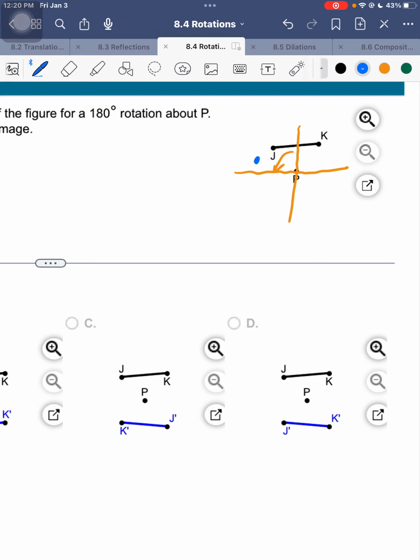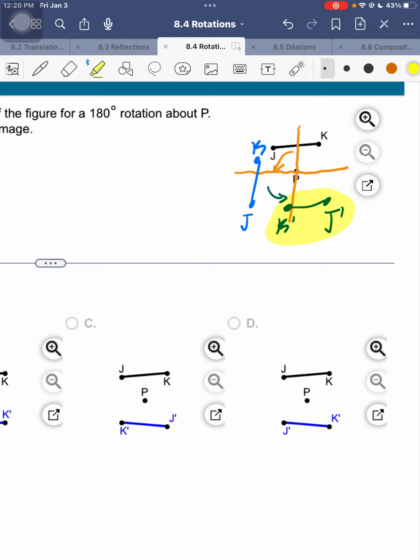So I'm going to have K, and I'm going to have J somewhere over here. And then if I rotate it again, another 90 degrees, I'm going to have K here and J over here. So this is what my final figure should look like. Make sure that we look for the K and the J.